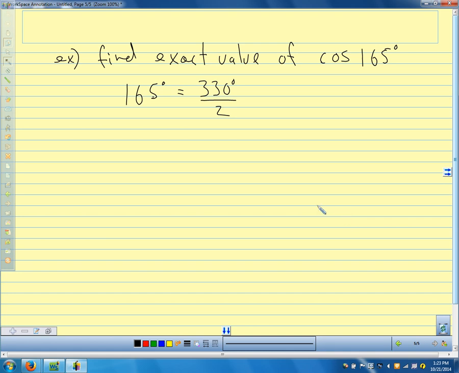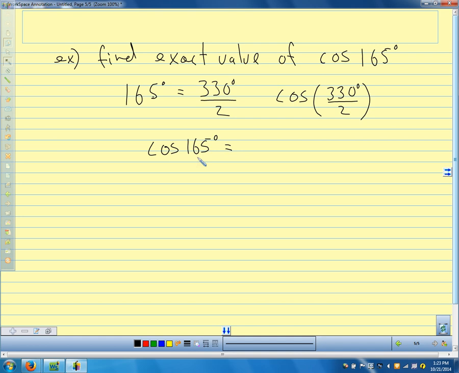165 is 330 divided by 2. So we're looking for the cosine of 330 over 2. And then we just plug this into our half angle formula for cosine. So I'm going to say the cosine of 165. What quadrant is 165 degrees in?